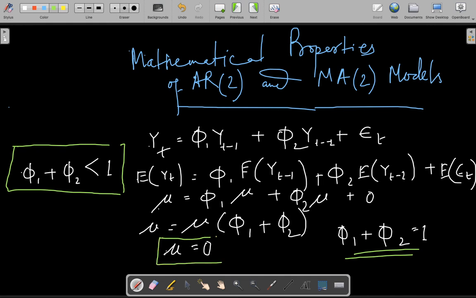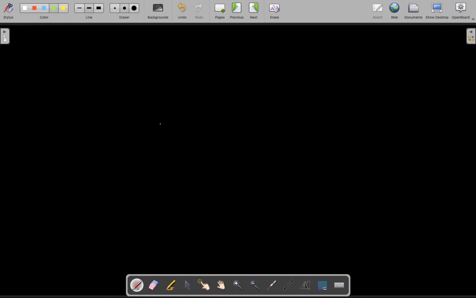Now there could be another case where you assume a delta, some constant term. So let me write it down again: y_t is equal to delta plus phi 1 y_(t-1) plus phi 2 y_(t-2) plus epsilon_t.